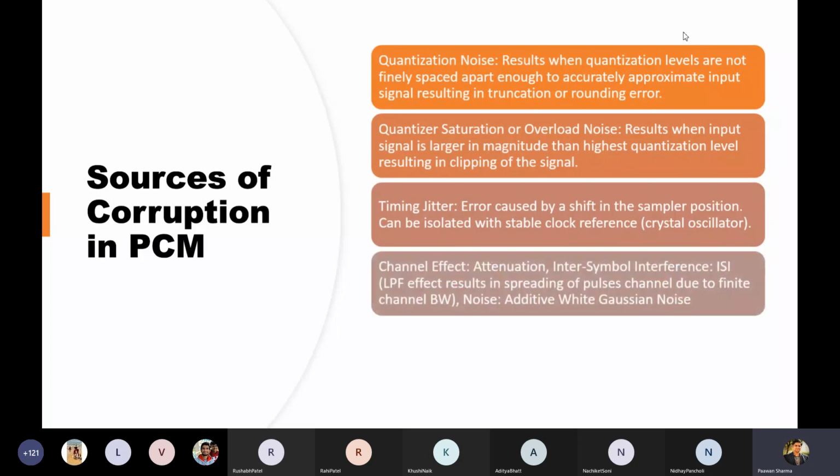And you have channel effects like attenuation and inter-symbol interference, ISI. So if you transmitted the signal like this, suppose, and because of the channel properties, the signal got spread like this. This one also got spread like this. This one also got spread like this.